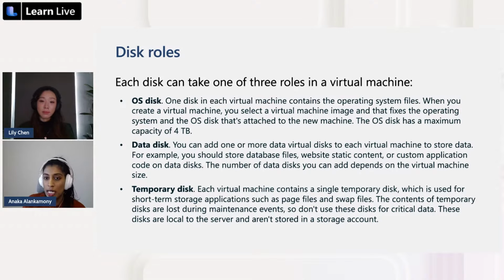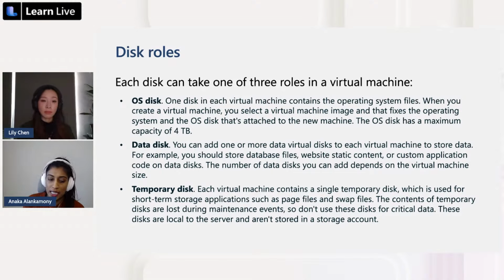Out of these, one disk contains the operating system files, and that disk is called the OS disk. The OS disk will have a pre-installed OS, which was selected when the VM was created. And the OS disk also contains the boot volume. One more thing to note here is that the maximum capacity that you can provision for your OS disk is about 4,095 gigabytes, or that's about 4 TB.